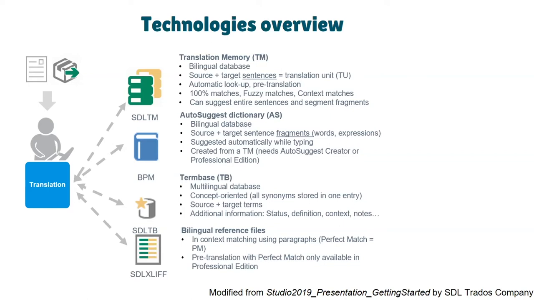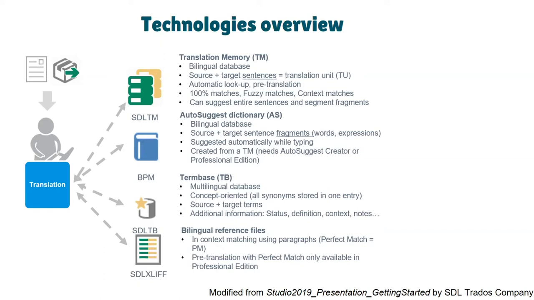Also, it can suggest a translation for entire sentences or just for fragments. It also has a function to suggest from a dictionary, which is a bilingual database as well.